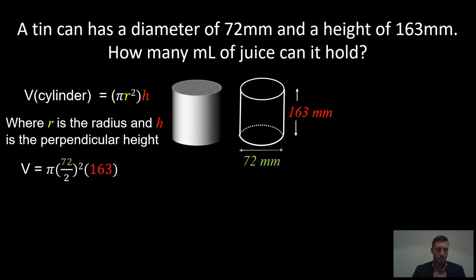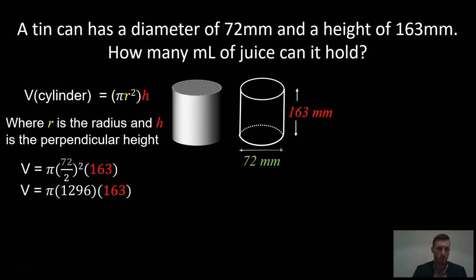And there we go. And we substitute in our known values. Please note they've given us the diameter of the can. The formula for the volume of a cylinder needs the radius of the cross section. So we need to divide the diameter by 2 in order to get the radius, and that's what we've done here. And now we can evaluate.